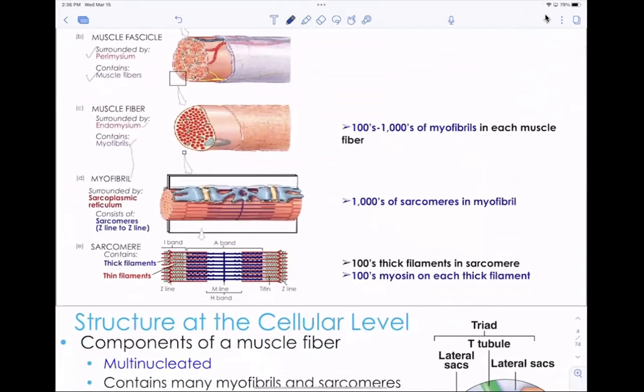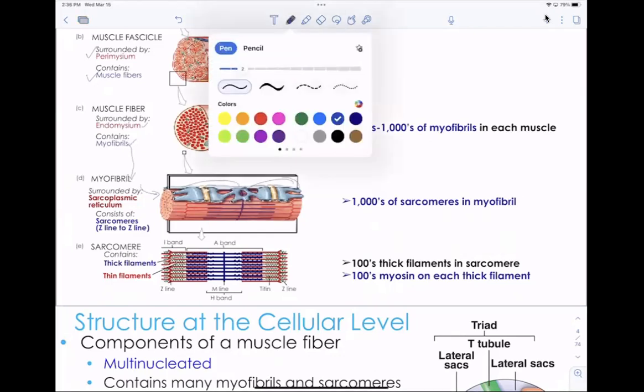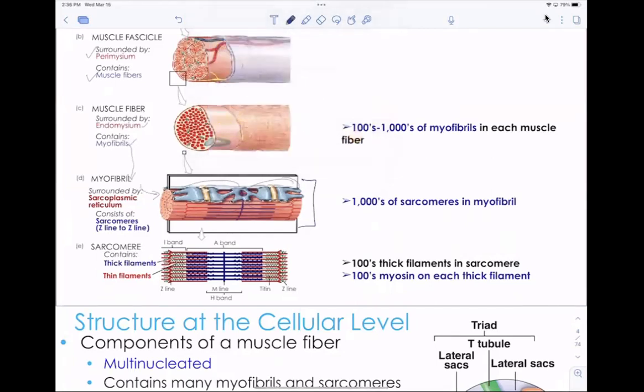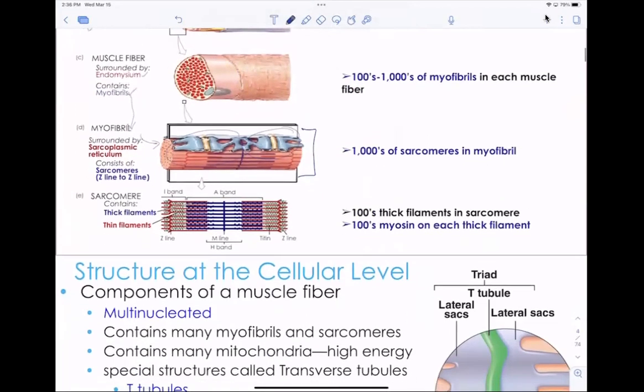Now, this is the myofibril. This is somewhat a representation, but this blue stuff here completely surrounds the myofibril. And so, yes, this is a myofibril, kind of a representation, but we'll look at what it looks like more realistically below.